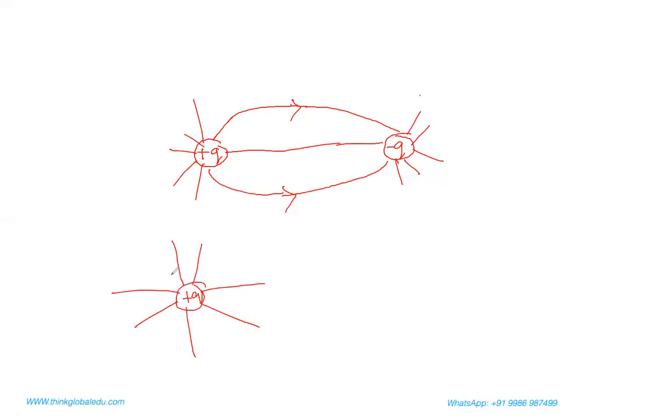The lines I'm drawing here are called electric field lines. For minus Q, I can expect all the electric field lines to come inside into minus Q. The electric field lines will not intersect with each other. That's the other point. So I have to draw it in such a way that they do not intersect, using straight lines like this.